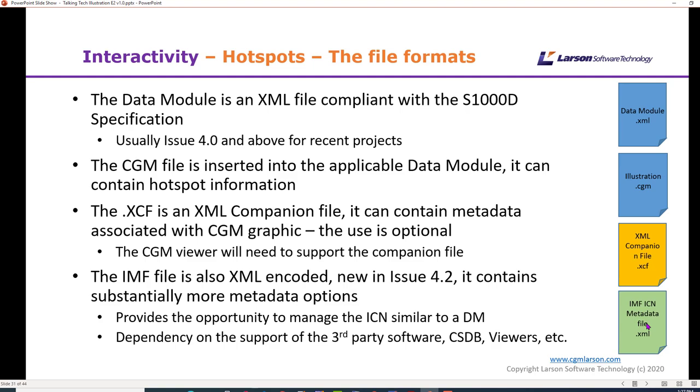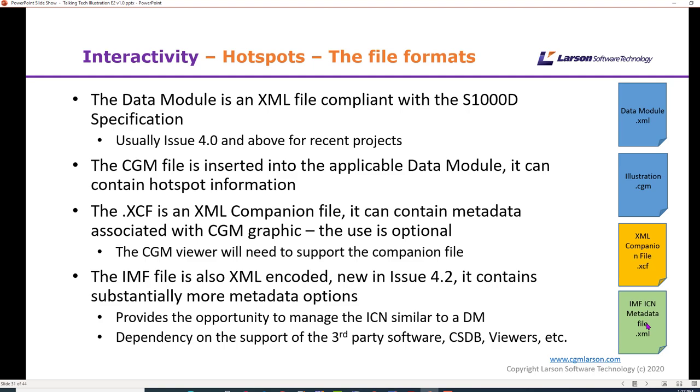So just to go into a bit more detail, the data module is obviously XML, compliant with the standard. The CGM file has its hotspot information in it, and then those two can be linked. There's also the option for the XCF, which is an XML file as well, that can contain the hotspot information and other information as well.